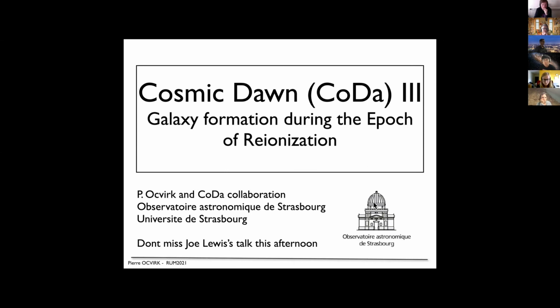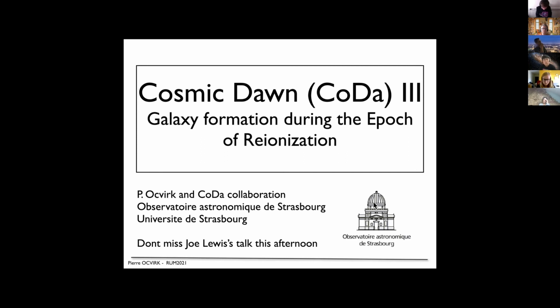Okay, so good morning, everybody. The Cosmic Dawn 3 simulation project is an attempt at using the most powerful supercomputers in the world in order to understand reionization, how it works, how galaxies form during the epoch of reionization, how they drive reionization, and how then the changing IGM, because it's irradiated, in turn changes how galaxies form.